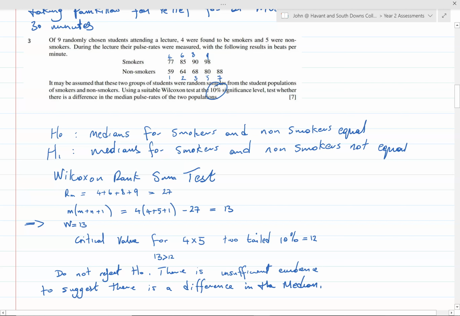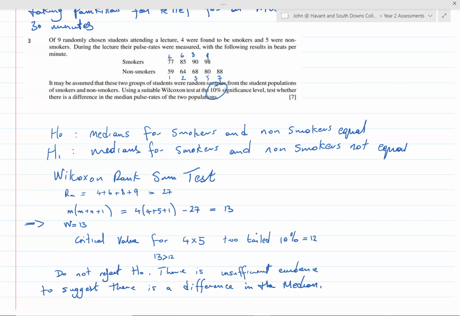It says it may be assumed that there were random samples from the student population of smokers and non-smokers, and that the shape of those distributions is similar, although it doesn't say that there.